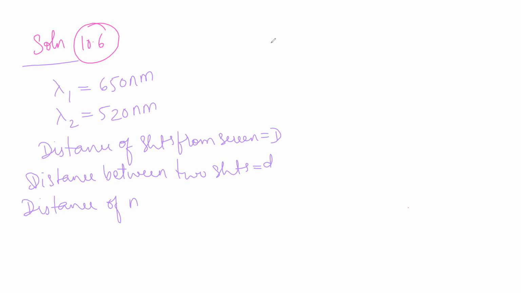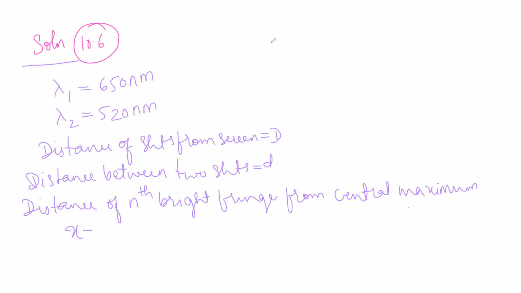The distance of the nth bright fringe on the screen from the central maximum is given by the relation x is equal to n lambda 1 into capital D divided by small d.